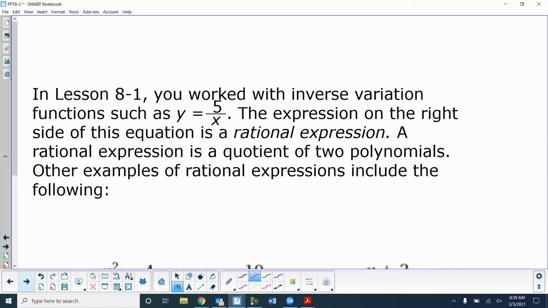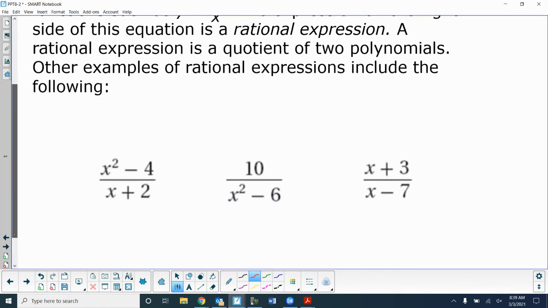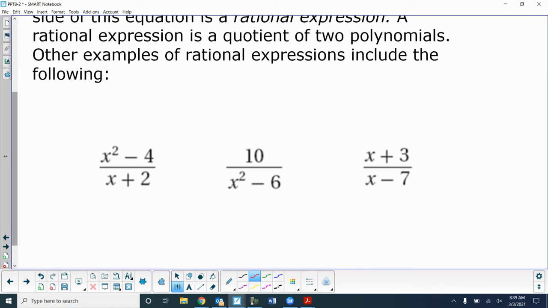A rational expression is a quotient, meaning division, or fraction of two polynomials. Here's some more examples of rational expressions. And what we're going to do is simplify these. We're going to put them in lowest terms, just like we do all fractions, we always want to write them in lowest terms or simplest form.